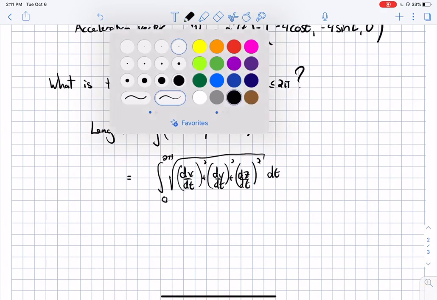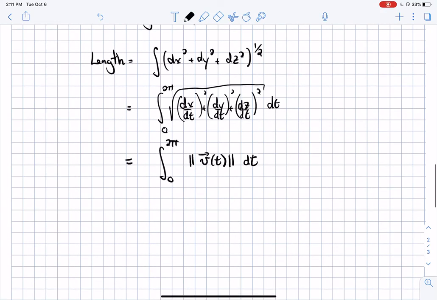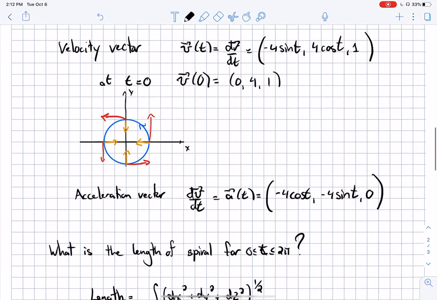So how does that look? Well, if you think about that for a second, this is actually the size of the velocity vector that you're integrating, okay? And so let's say you want the length between 0 and 2 pi of the spiral. So the velocity vector was here.